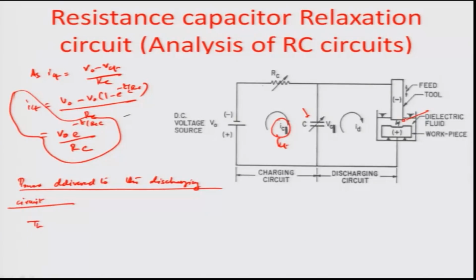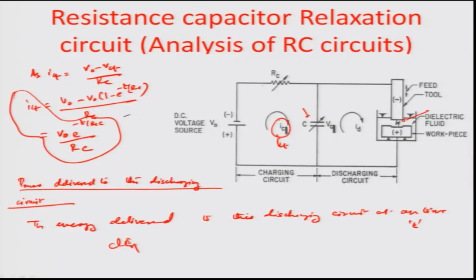The energy delivered to this discharging circuit can be expressed as, maybe at any time instance t, dE, which is actually the current voltage product of the charging capacitor times dt.